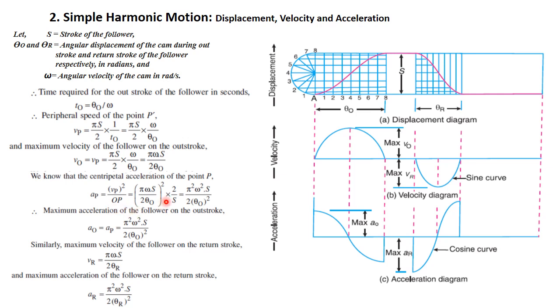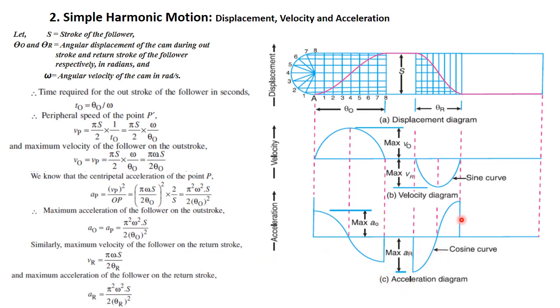So centripetal acceleration here comes to us as pi square omega square s by 2 into theta naught square. Therefore maximum acceleration at the outstroke is equal to pi square omega square s by 2 into theta naught square, and in a similar fashion the velocity and acceleration at the return stroke can be found out.